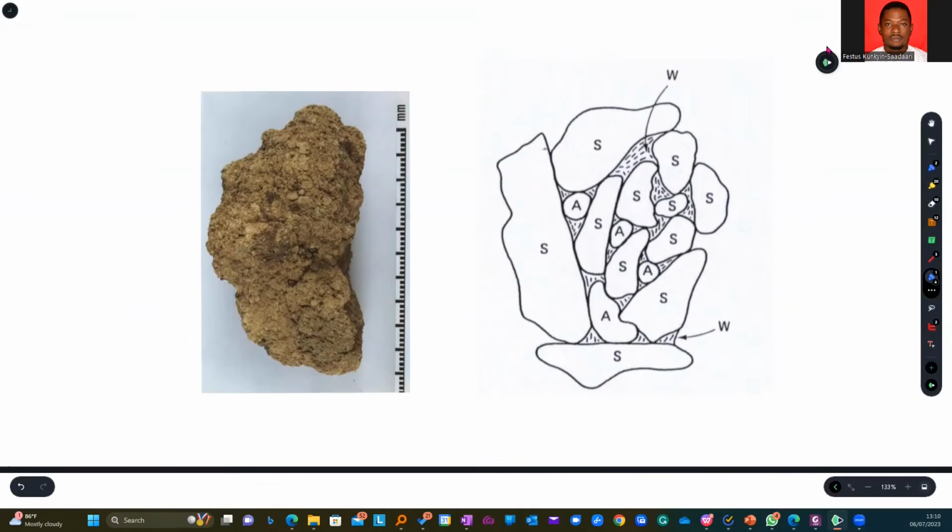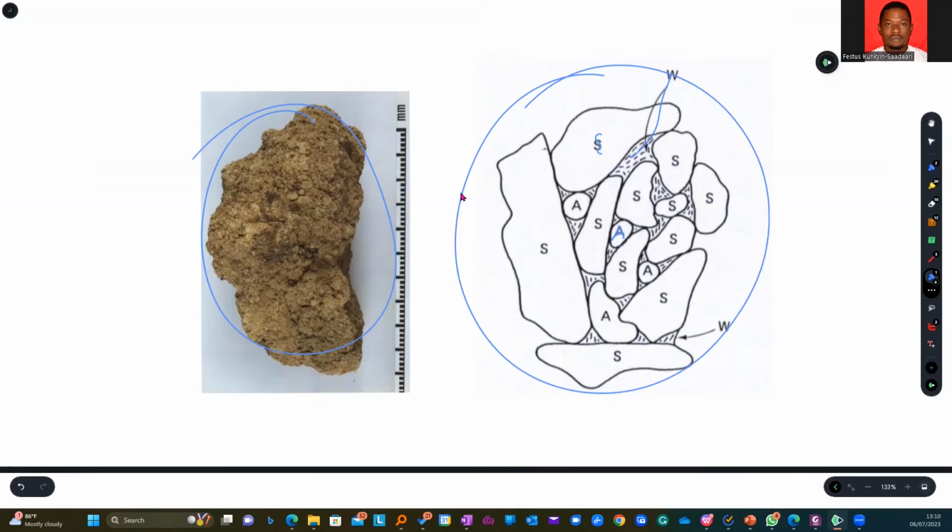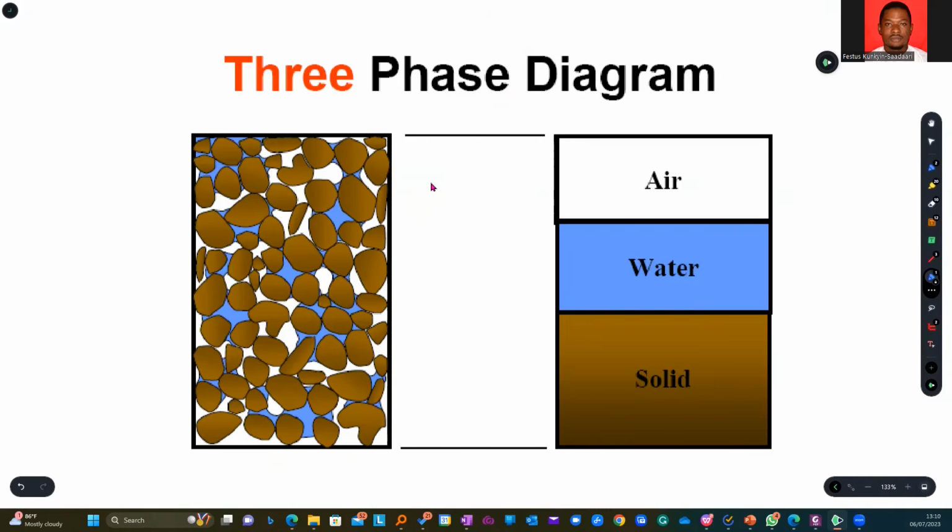So this is a typical picture of how a given soil sample or a porous rock may be. Within this soil sample, I will have all of these parameters: the solid particles, the void spaces that contain air, and my water. This is a typical behavior of a three-phase system of any soil sample or rock.